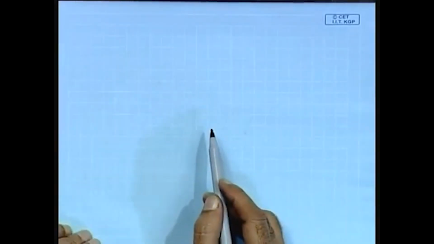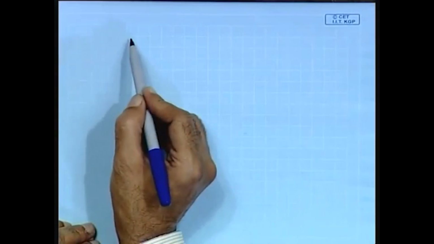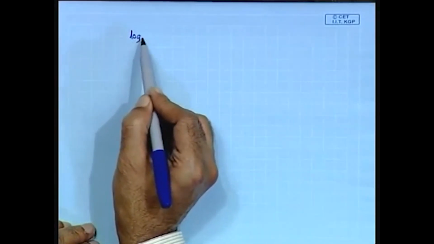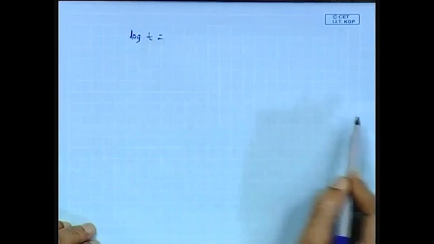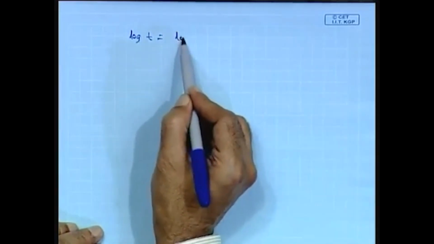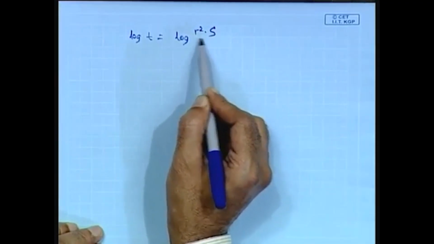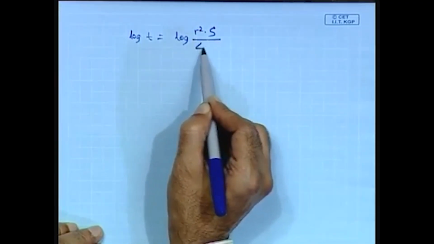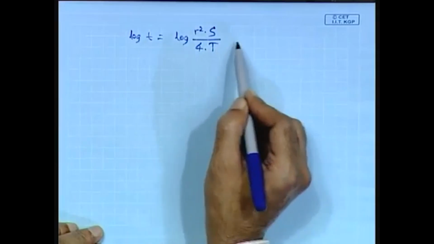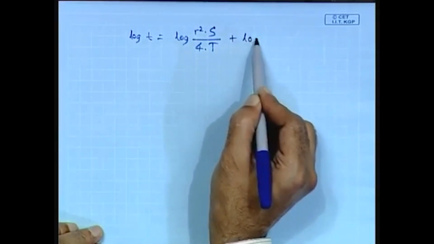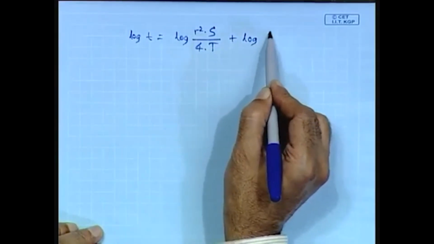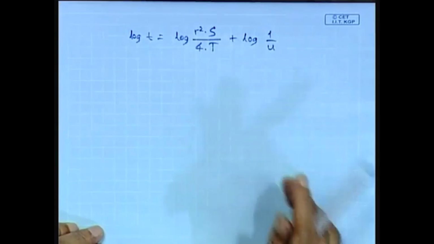So for the second equation, we can write this by taking the logarithm. So, log of s is equal to log of r square into S divided by 4 t plus log of 1 by u.